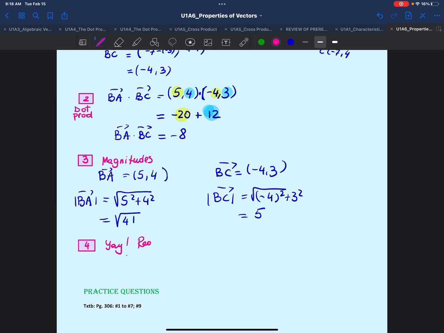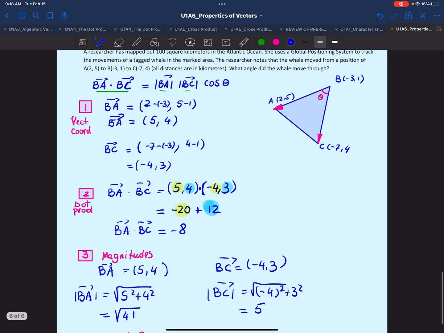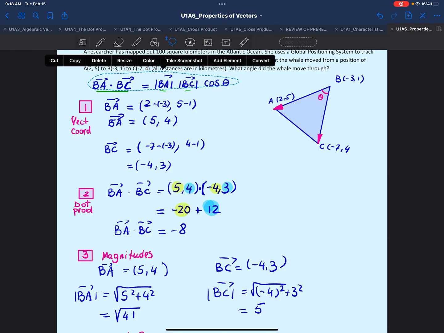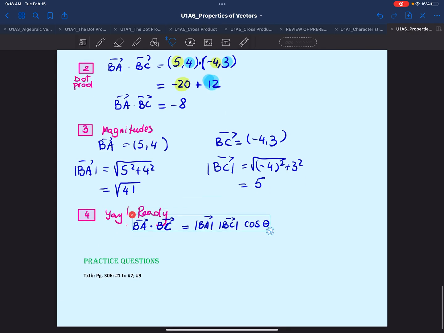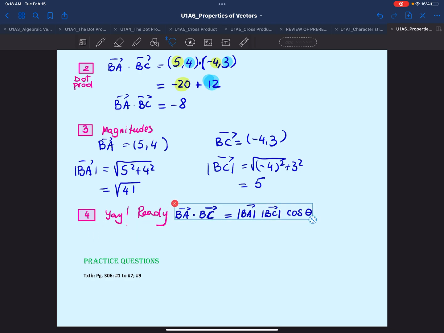Ready now. To find angle theta, we're using the same formula. I'm going to rewrite this same formula one more time and show the substitutions. So here we go. This is the formula we're using. BA dot BC, we already got that, negative 8.